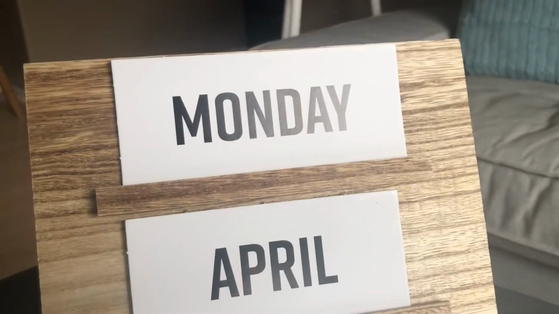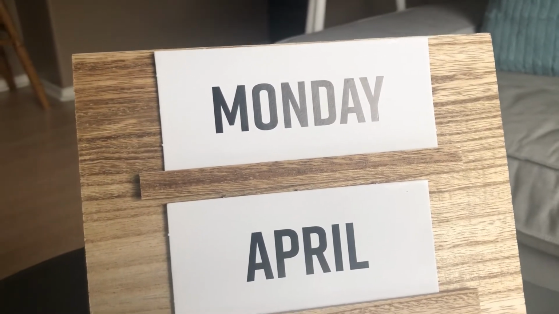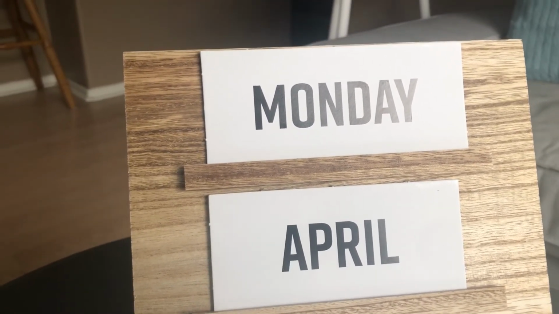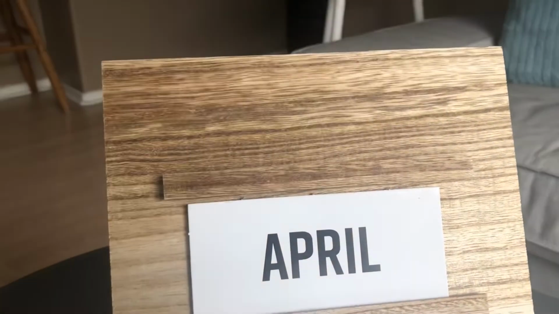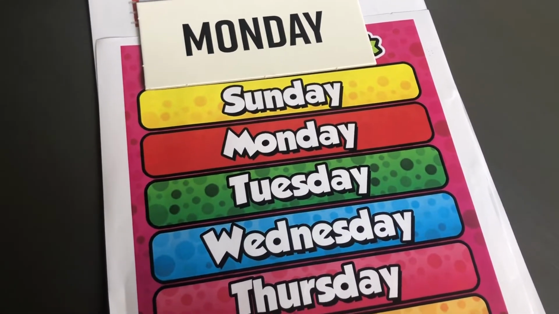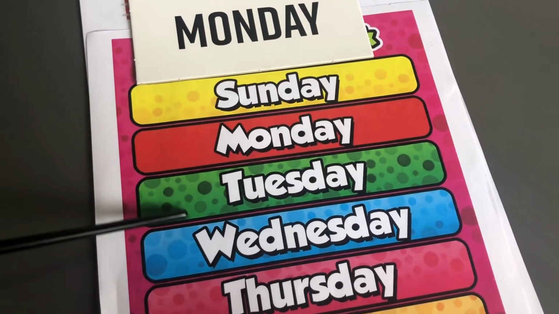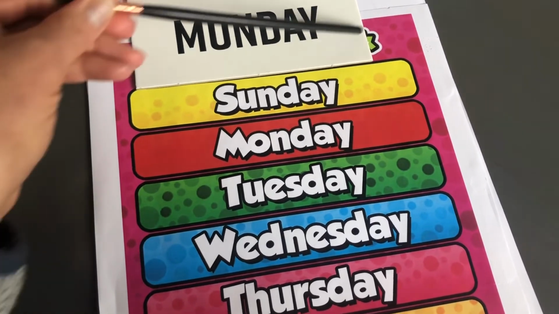Now let's look more at the date. Today is Monday. Let's find Monday on our days of the week. Do any of these days of the week look like this one that says Monday?